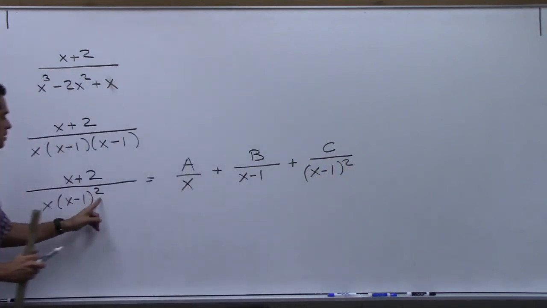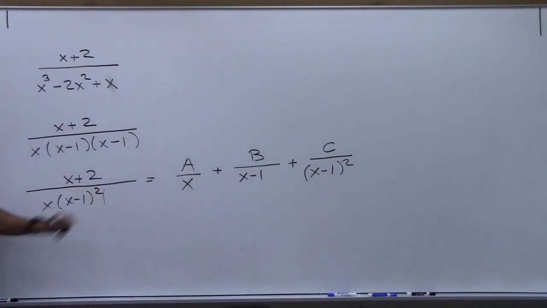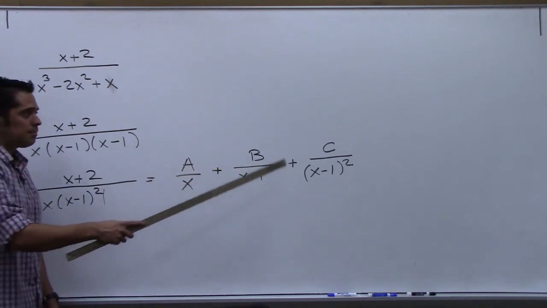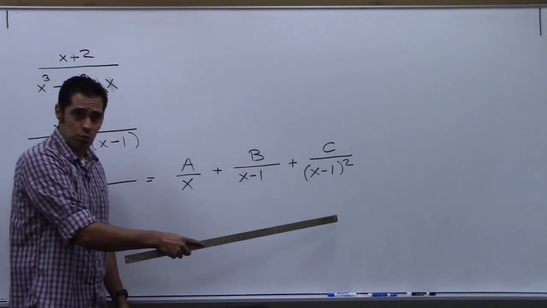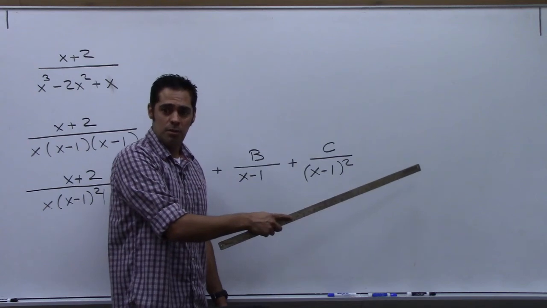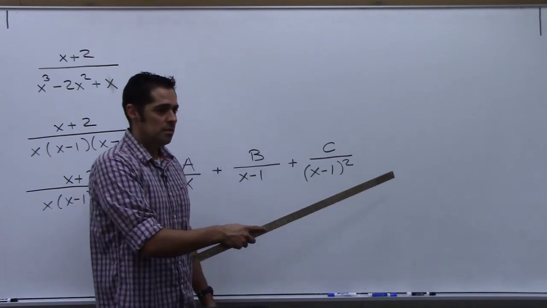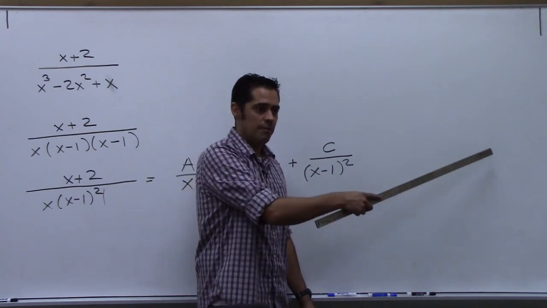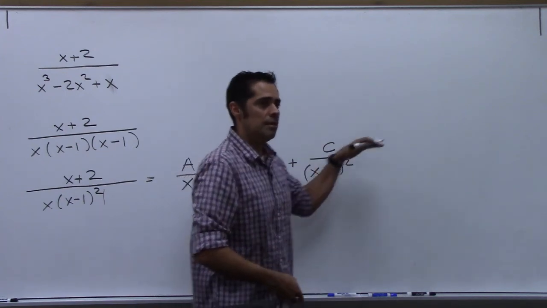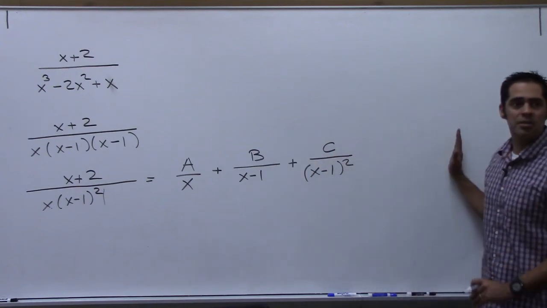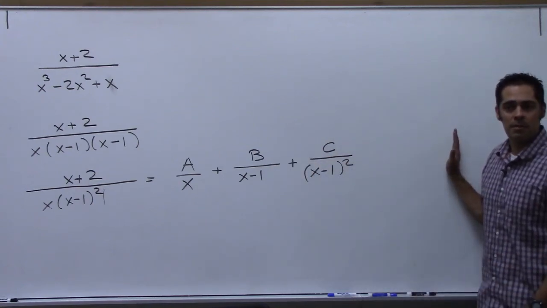So if this was, let's say, to the 4th power, just for the sake of demonstration, I would do B over x minus 1, C over x minus 1 squared, D over x minus 1 cubed, and then you keep going, E over x minus 1 to the 4th. So you keep on doing factors coming up in power until you reach the highest power. Does that make sense?